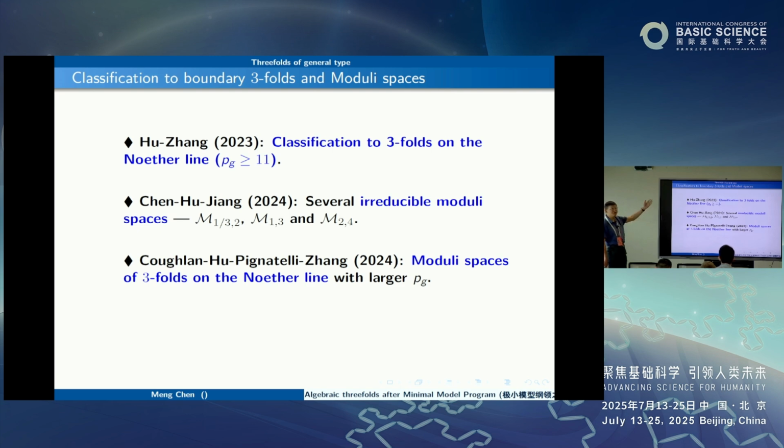Then you have many examples of minimal threefolds. But if a hypersurface has non-canonical singularities, then at least you don't have an effective way to calculate the birational invariants.